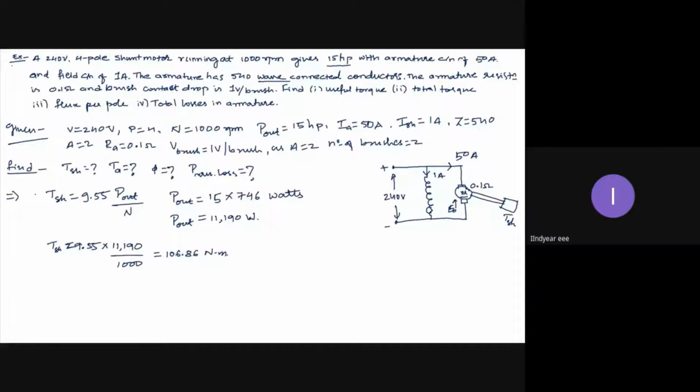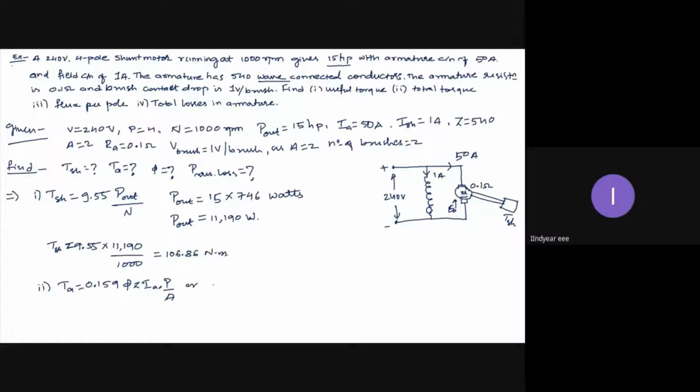TA is equal to, first point is this. Second point, TA is equals to, I have many equations. So 0.159 phi Z IA into P by A. So in this equation, everything is known, flux is not known.